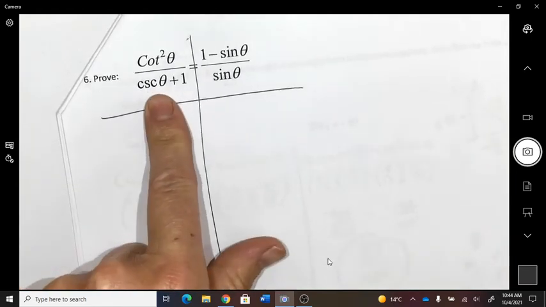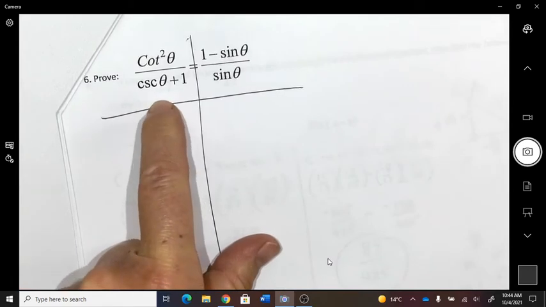Okay, here's my 2 columns. Which side? What's your instinct going with? Which one's more complicated? I think the left. Okay.